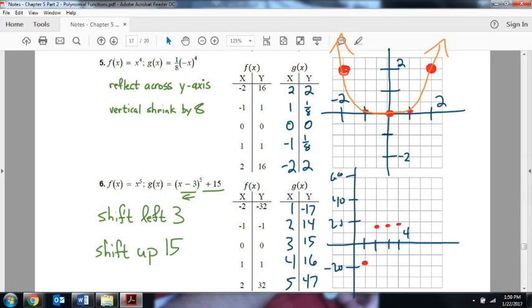And 5, 47, which, sorry if I wrote that wrong, that's supposed to be a 5. 47 is, well, that's 50, that's 45. 47 is just above that. And you get a line that looks kind of like a lightning bolt. Alright, and there you are.